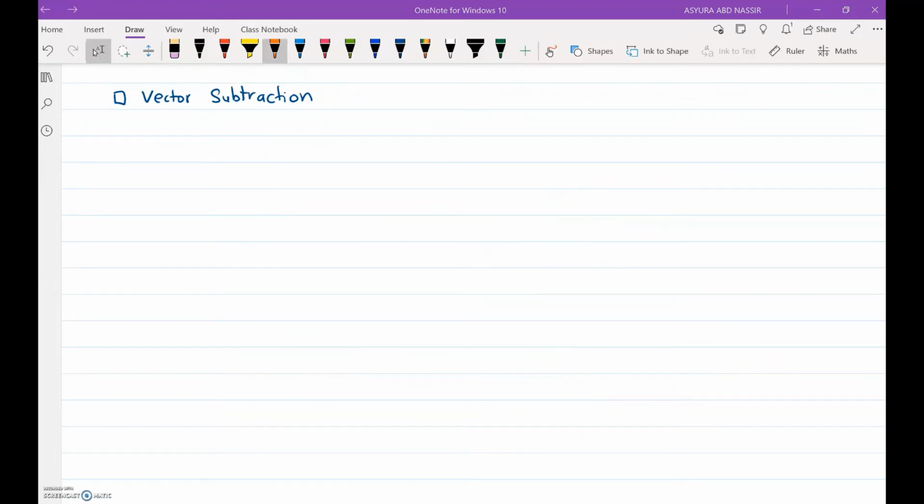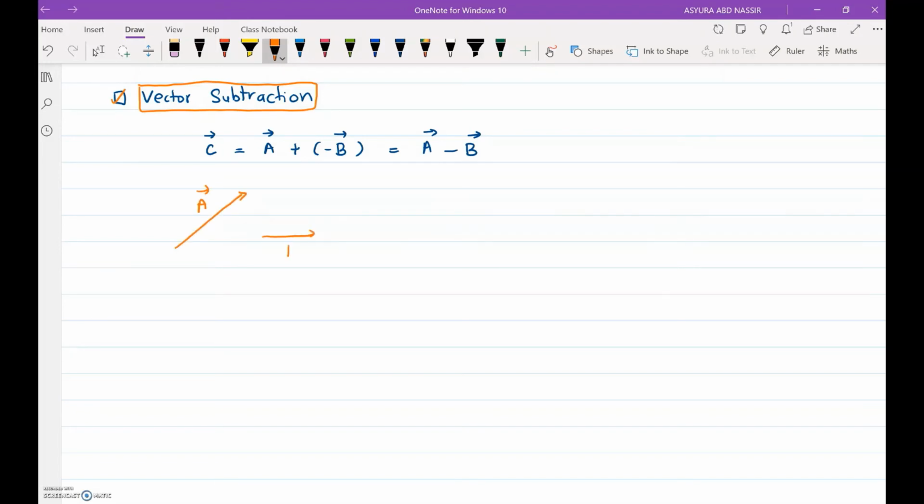Now let's look at vector subtraction. If we want to find the difference between two vectors A and B, let's say we want to find C, which is A plus negative B. So we can write the difference as A minus B. For example, let's say we have two vectors here, A and B. Your vector subtraction will be this one.